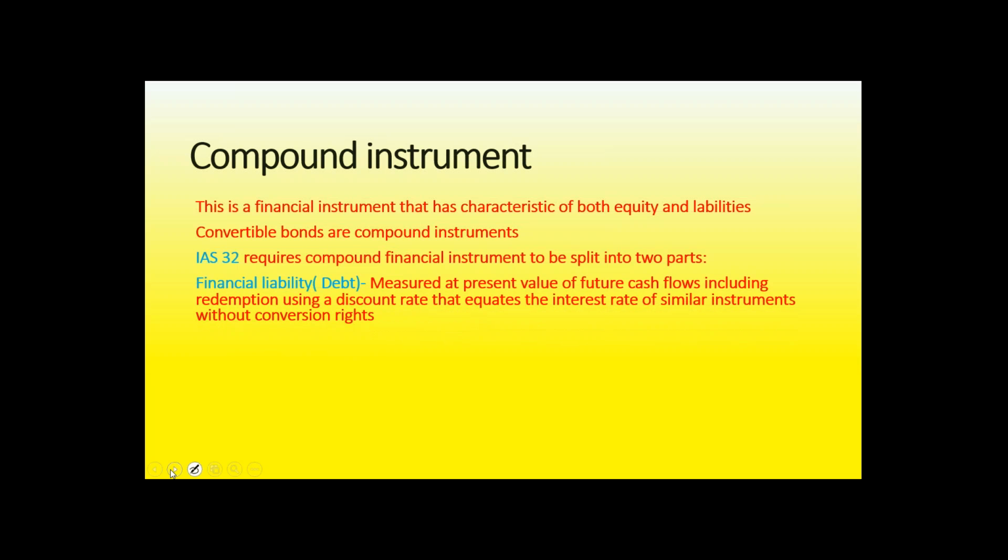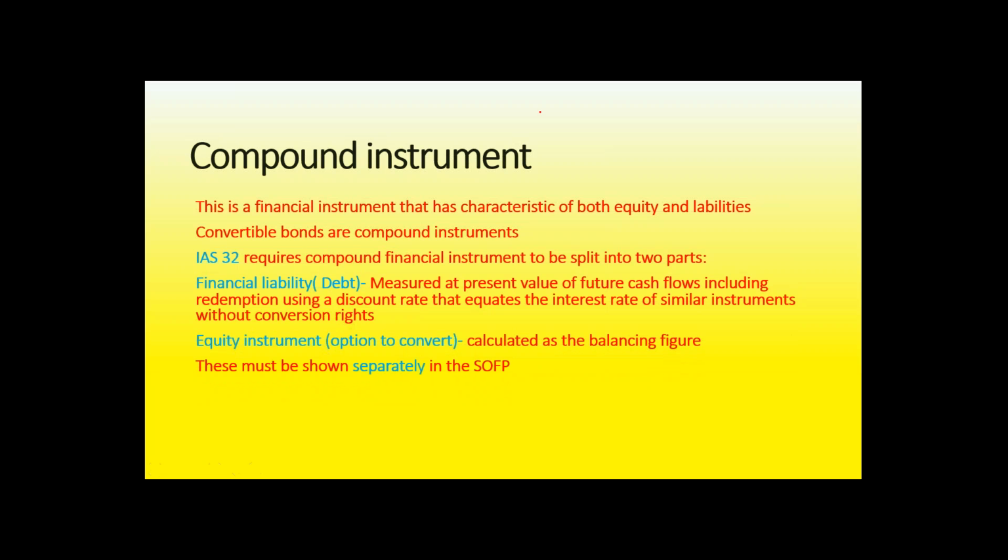That is the figure I arrived at as 90 in the earlier case. And the balancing figure is the equity. We received 100, we considered 90 as liabilities, and 10 is considered the balancing figure as equity.